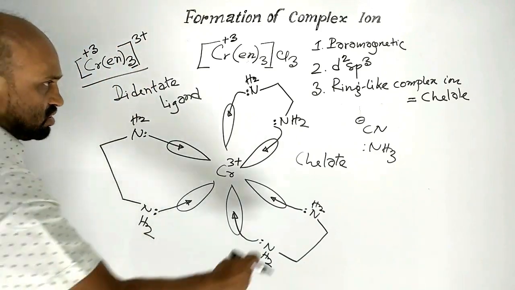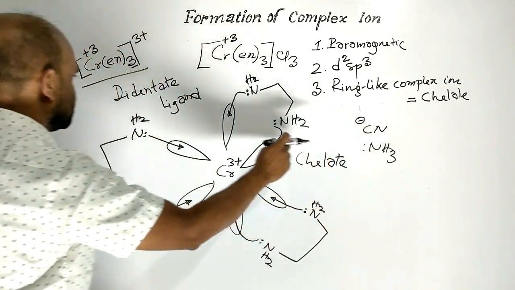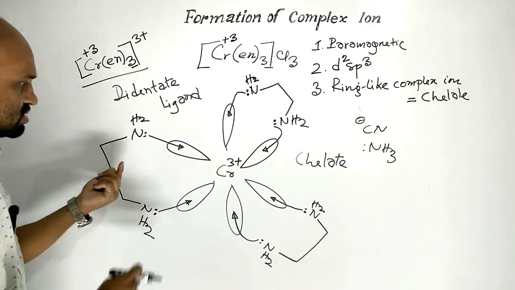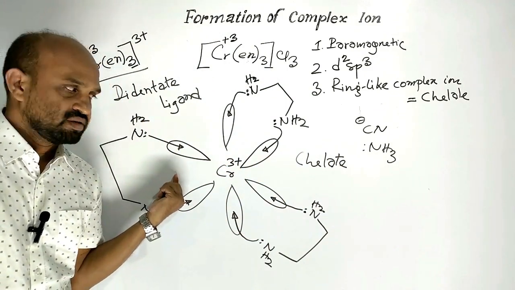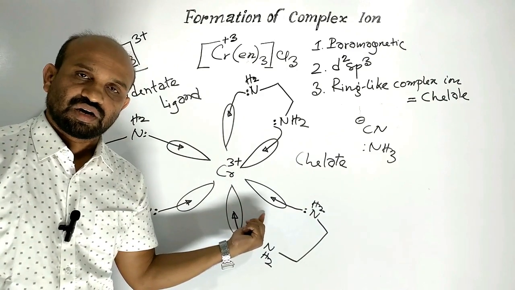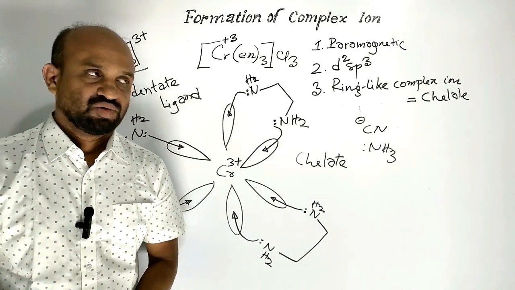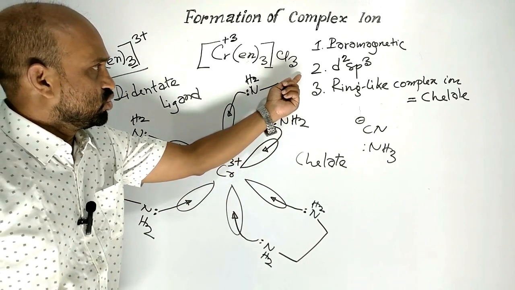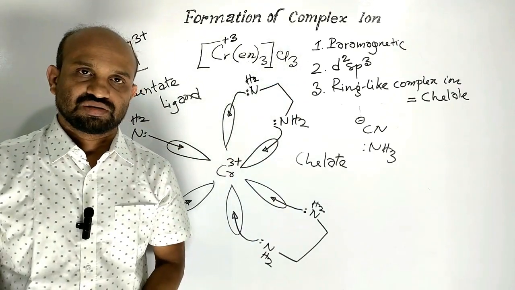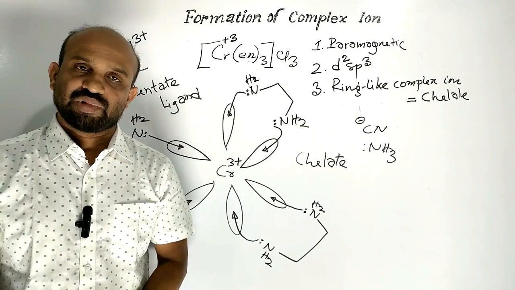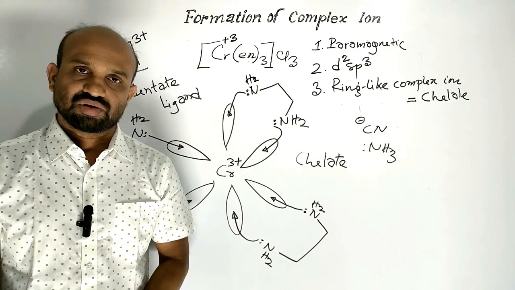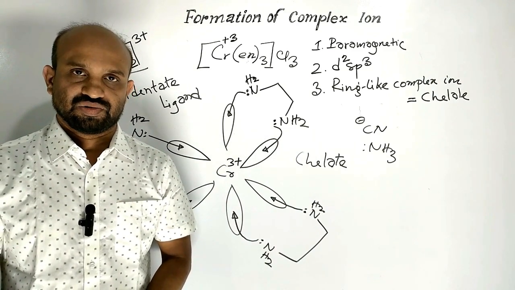So, monodentate ligands, this is a didentate ligand, and this ion is a kind of chelate, a ring-like complex ion, in which D2sp3 hybridization occurs, and it is paramagnetic in nature because it contains 3 unpaired electrons.